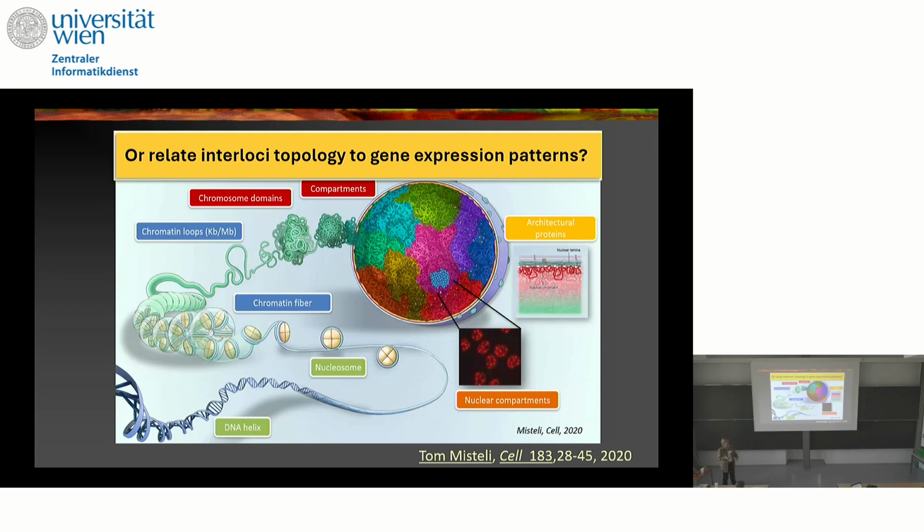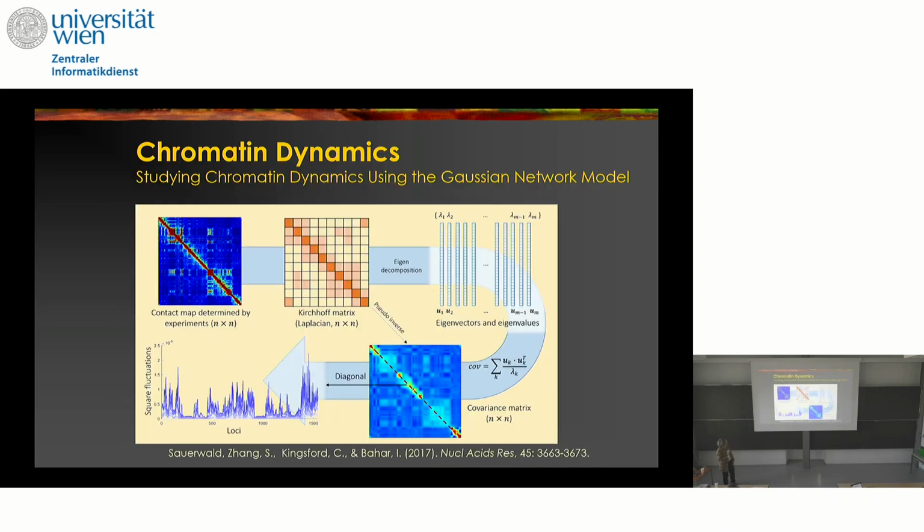We would like to see whether we can have a physical basis, based on inter-loci gene topology, to be able to interpret differential expression of genes in different types of cells. And we're going to do this using the Gaussian network model.